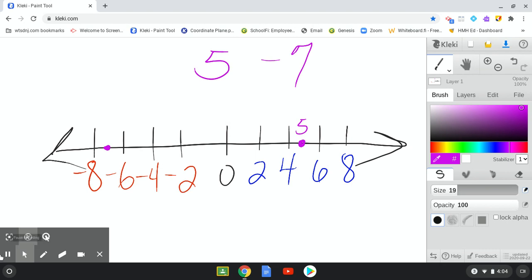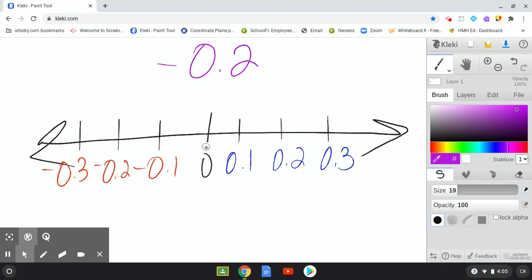So let's practice that. Okay, so here I have a number line and my tick marks are going by tenths. So to the right of 0, I have 1/10, 2/10, 3/10. Now this would go all the way up to 9/10 before I get to 1 whole, until I get to the number 1.